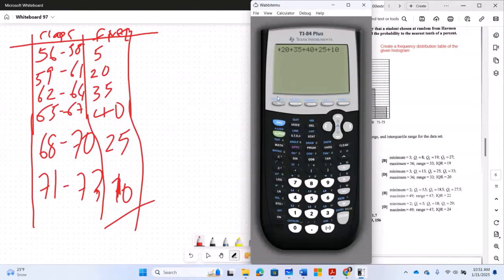I want to check that I have 35, 40, 25, 10. If I hit enter, I have 135. So there are 135 students altogether.